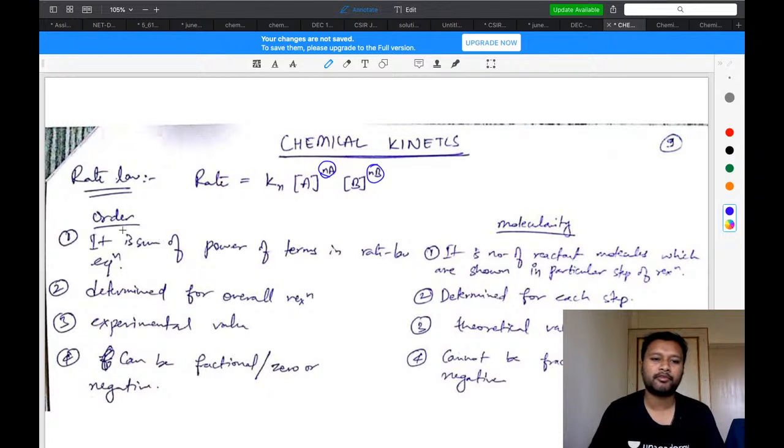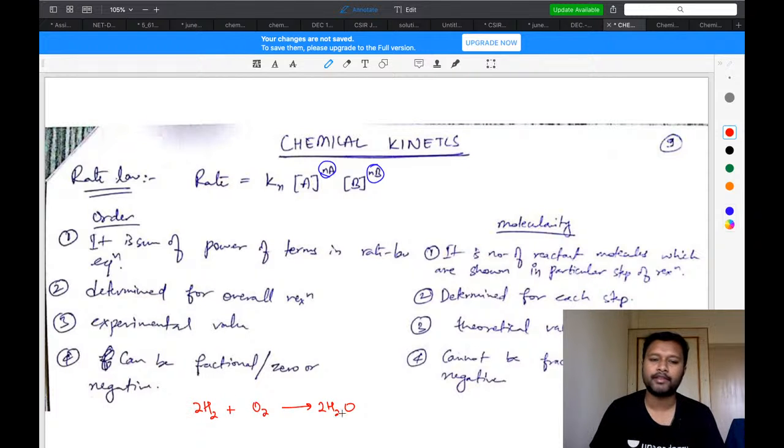Now there is a difference between order and molecularity. What's the difference? For example, if I have a reaction, let's say H2 plus O2 giving H2O, and I balance this equation, the 2 here corresponds to the molecularity of H2, that is, the molecularity of the reaction with respect to the hydrogen molecule, and 1 is the molecularity with respect to oxygen.